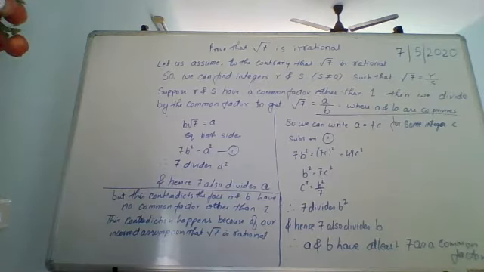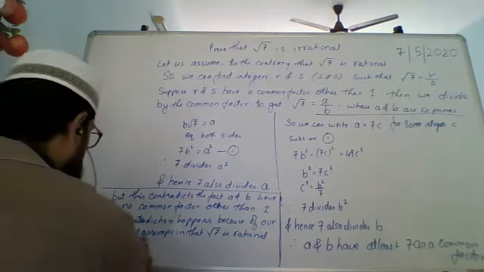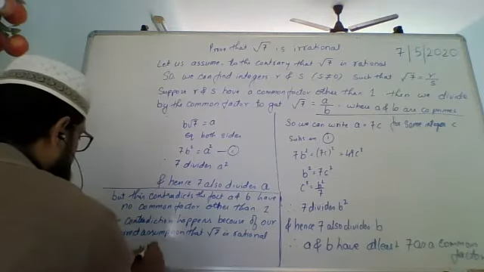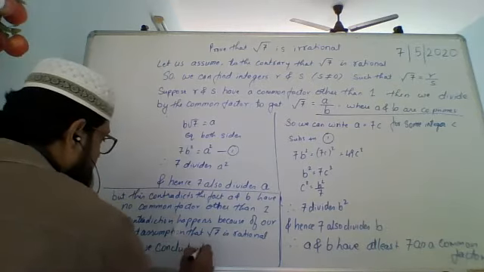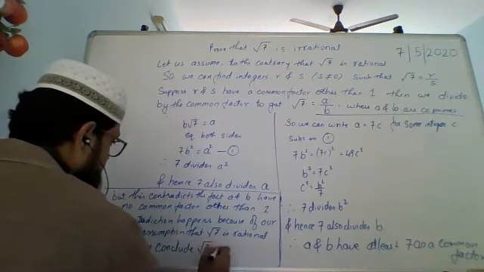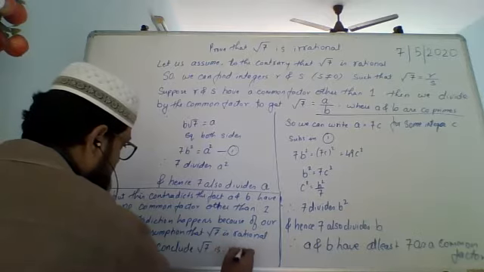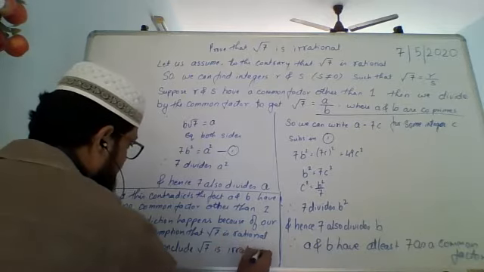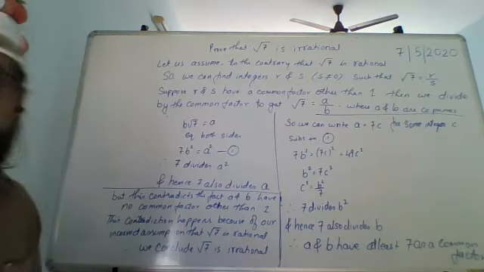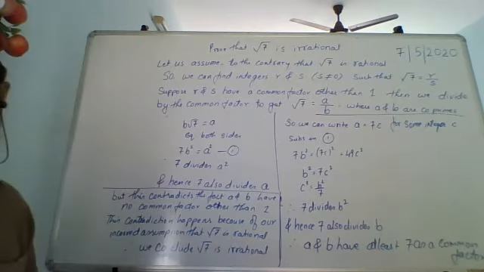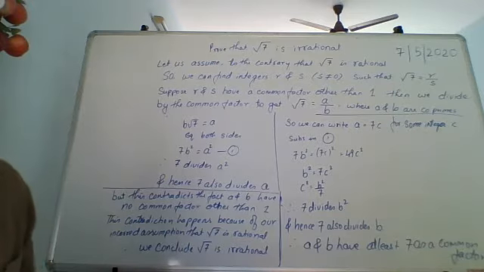Therefore, we conclude that root 7 is irrational. Copy till here, then we'll proceed further.